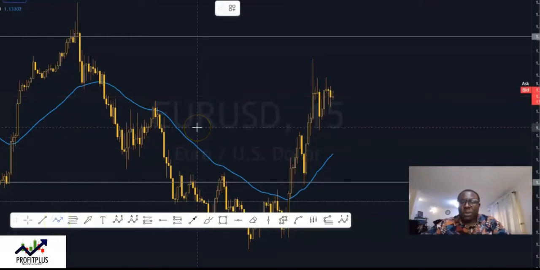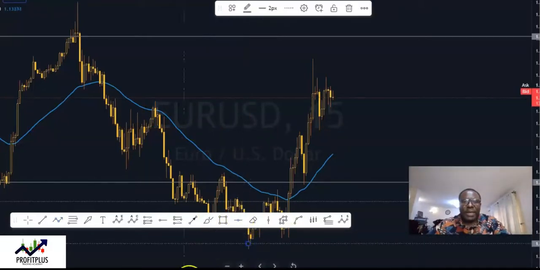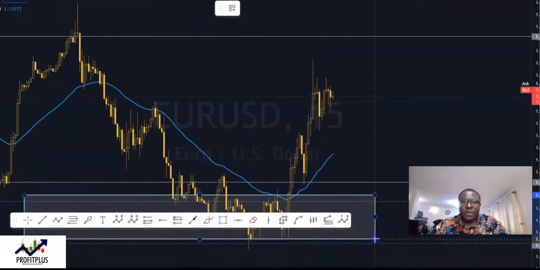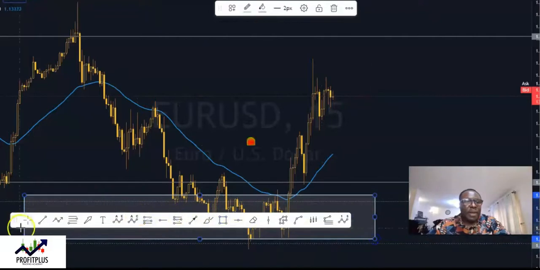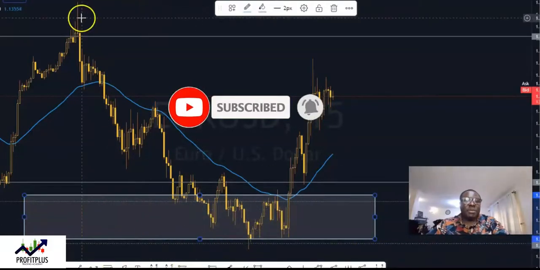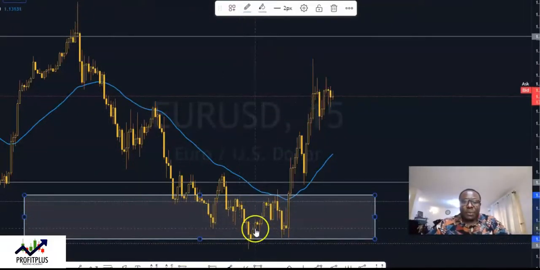But a support area is an area where price, maybe something like this zone now. It's really not a line, it's a zone, this area. For instance, you can see that for a very long time now, the market has been rejected around this area. Price has been falling, and within this price range, it's been unable to break further down.